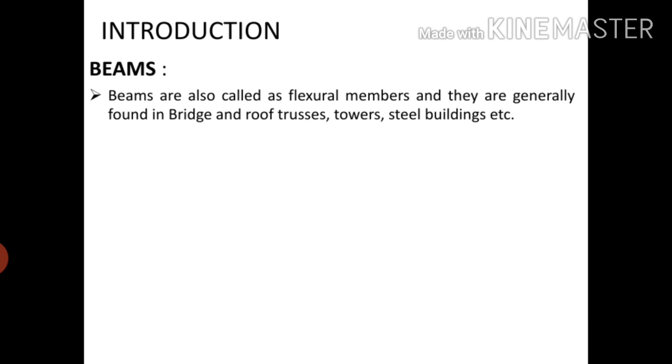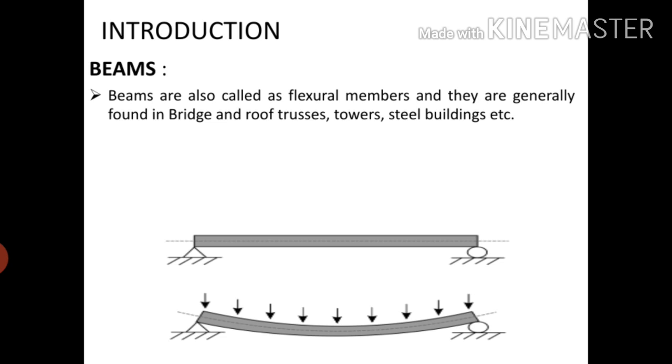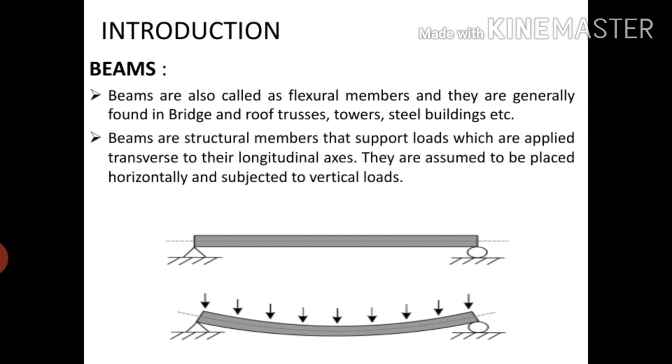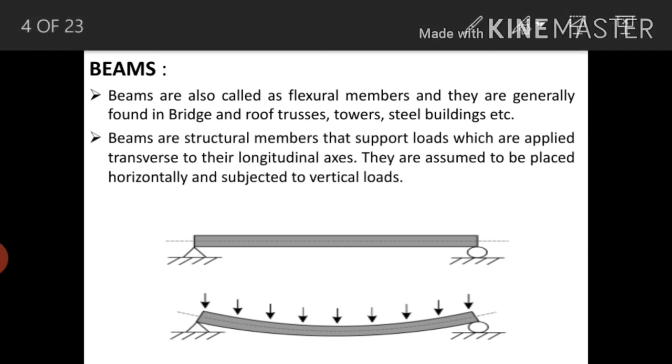So this is the figure which shows that generally the beams are provided horizontally and supported on both sides, and the longitudinal axis is passing through the centroid of the beam, and the load is acting vertically downward.